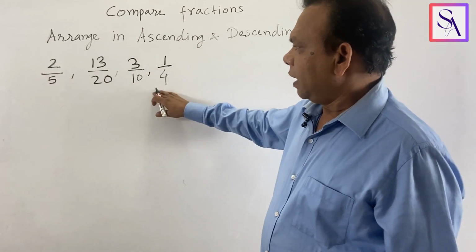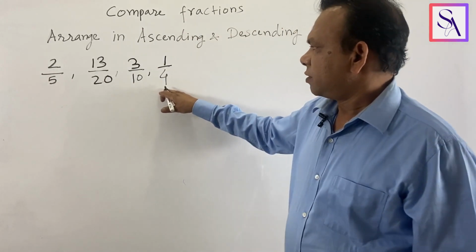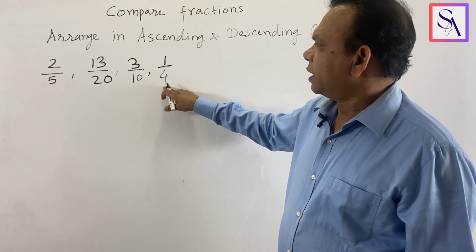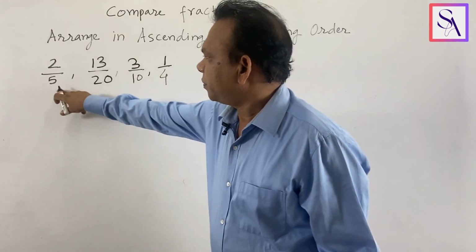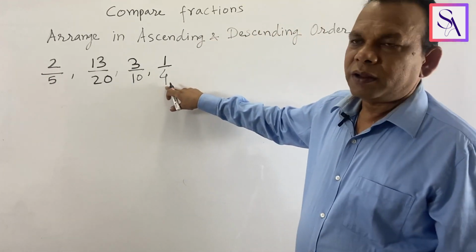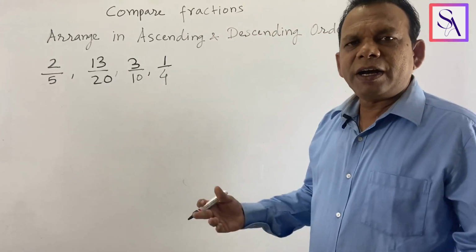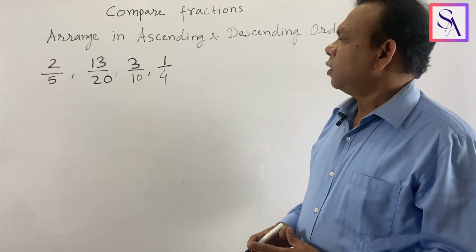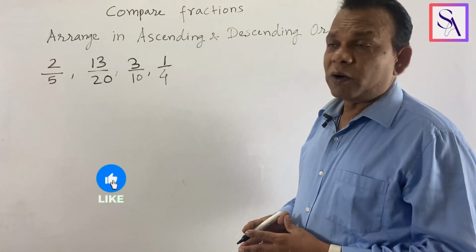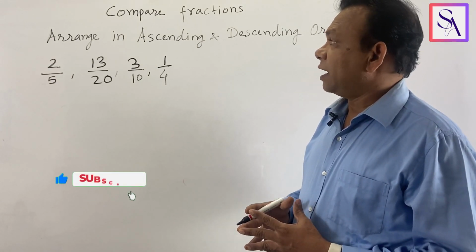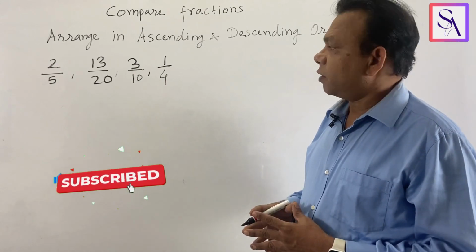Now if we look at these fractions, the denominators are not the same. See here 5, 20, 10 and 4, these are different denominators, right? So it is difficult to arrange in ascending and descending order.